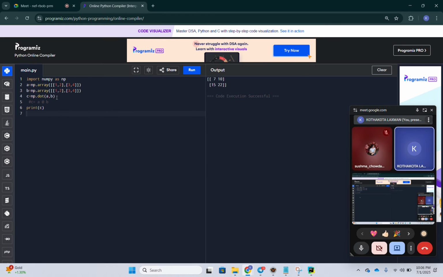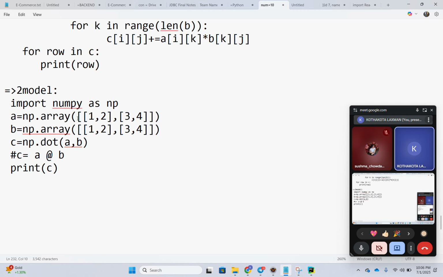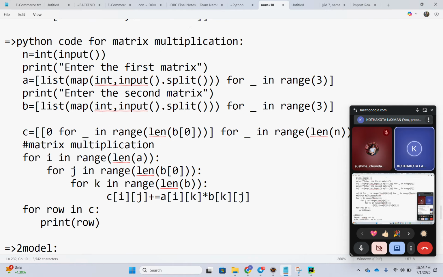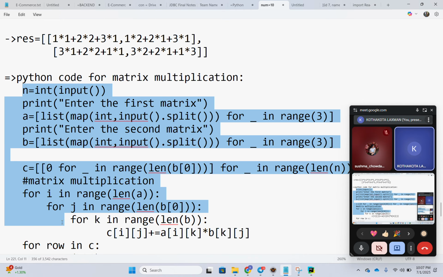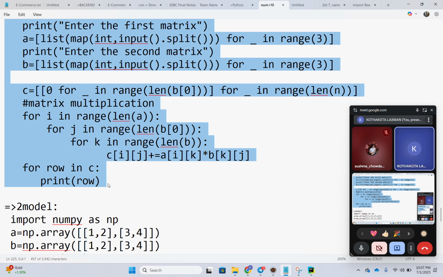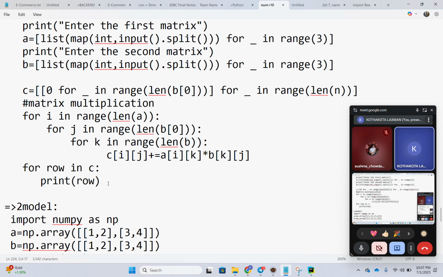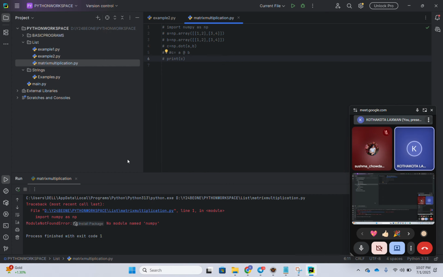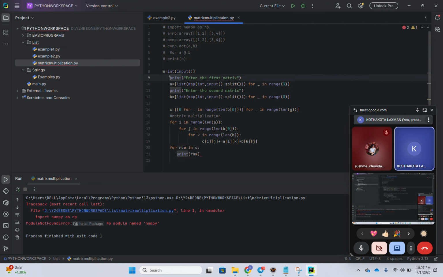For verification purposes only, don't worry. Now I'm going to execute the main one. I had written it in Notepad, so that's the reason.